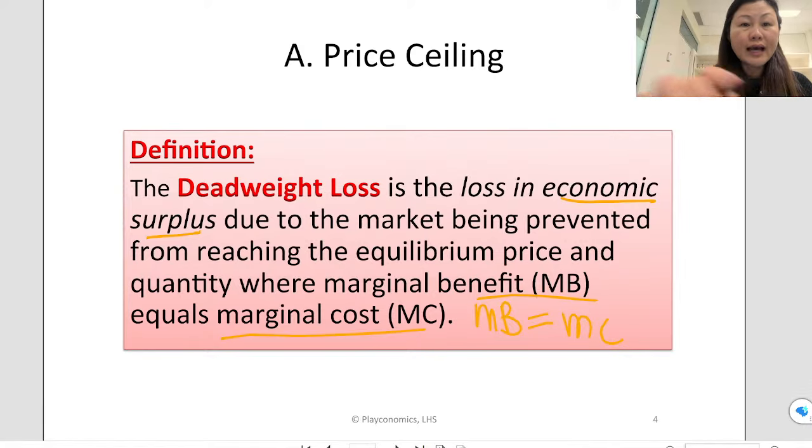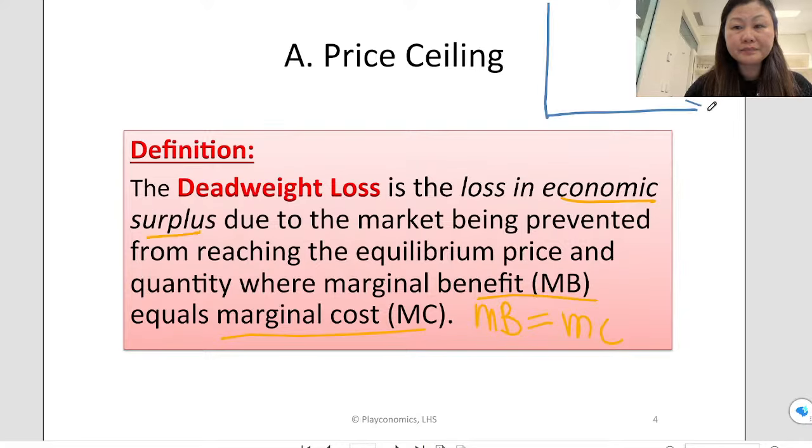If we look at a diagram, we talked about demand, we talk about supply. Your demand is your marginal benefit. Your supply is your marginal cost. So what we're trying to achieve here is the equilibrium point.